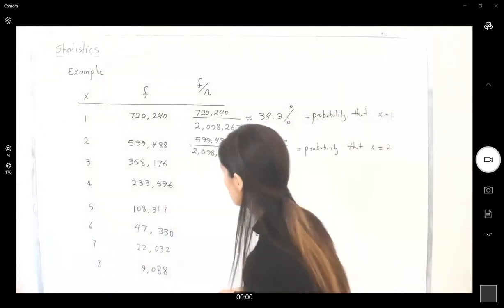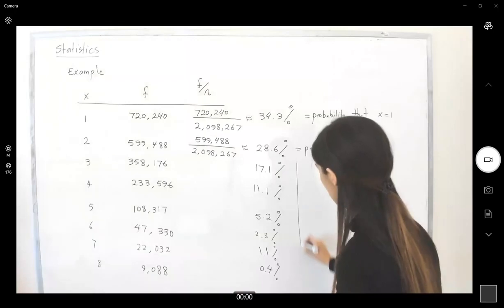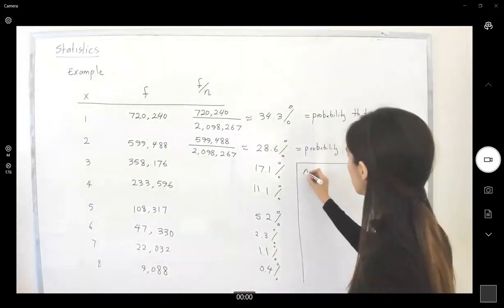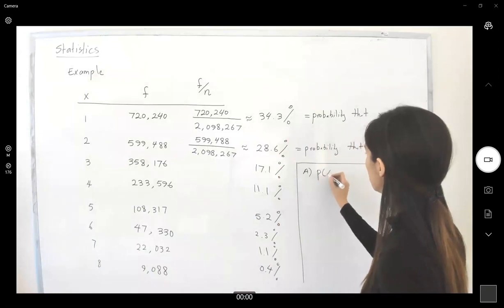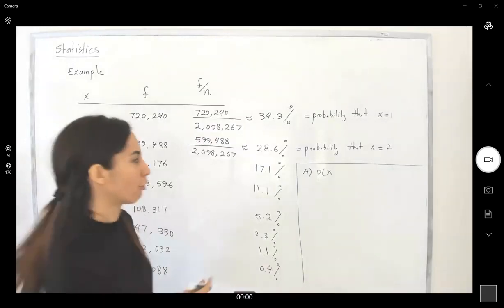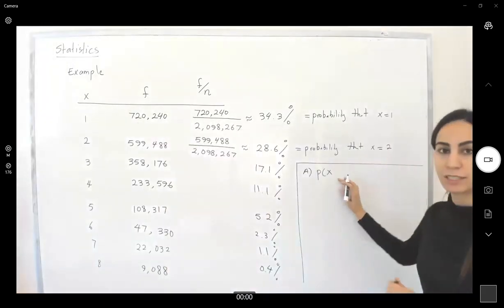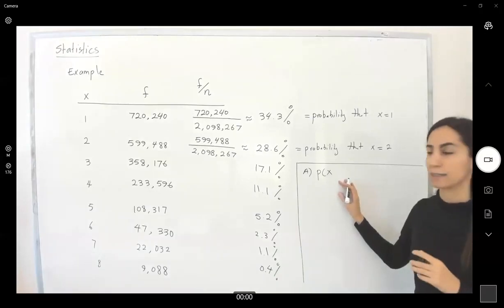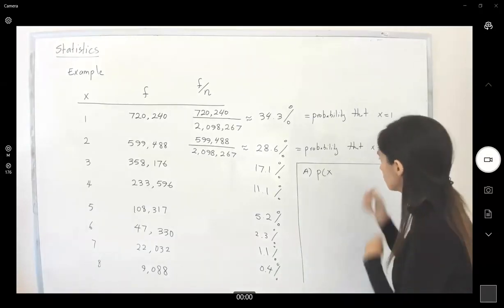Well, part A, we can use the information that we have. Part A says, find the probability that X has at most 4 people. When we are saying at most, it means that we are working with less than or equal to.